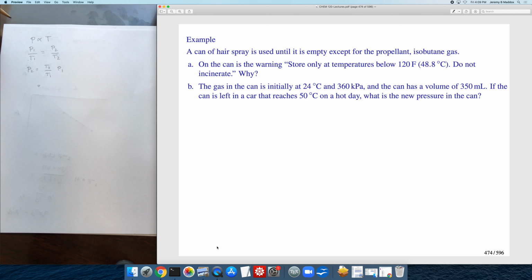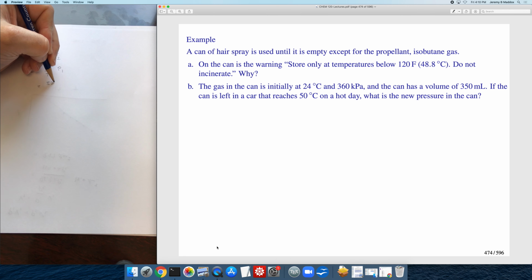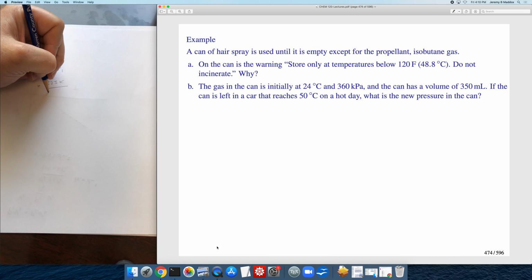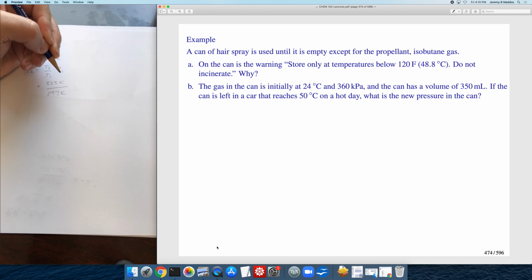Don't forget to convert your temperatures to Kelvin. So taking T2, which is 50 degrees Celsius, 50 plus 273, 323 Kelvin, divide by the initial temperature, 24 plus 273, 297 Kelvin.